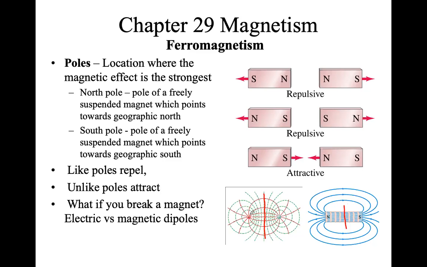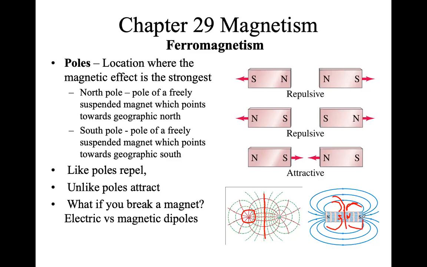And the answer is, in the electric case, you can take the positive charge, move it away, the negative charge stays by itself, and you can have a point charge. If you try to do the same thing with the magnet, you cut it right here, what you'll find is you develop a South Pole right here and a North Pole right here, and these field lines kind of curve around like this, and then these ones over here kind of curve around like that.